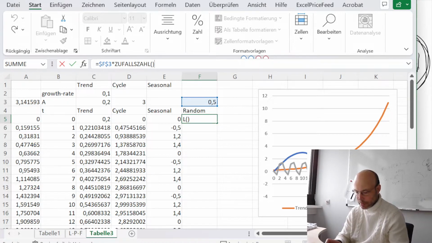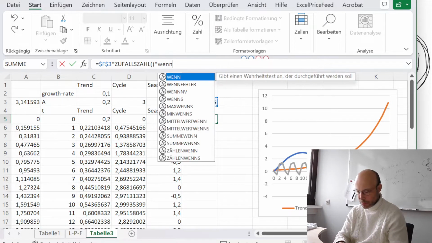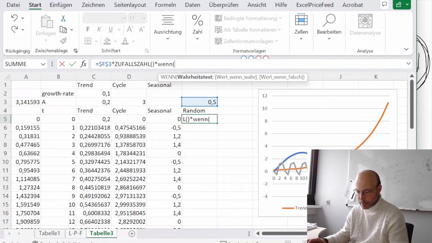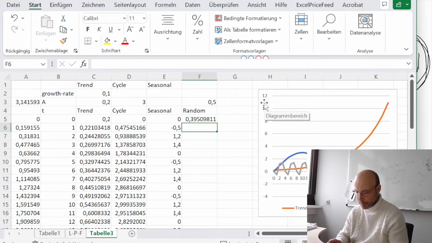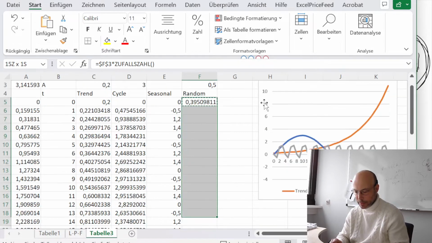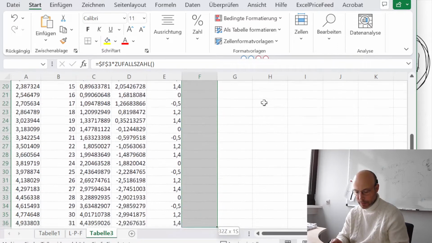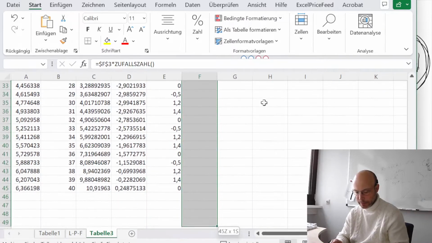Actually, we can leave this component out today, and let's just use this as our random variable.